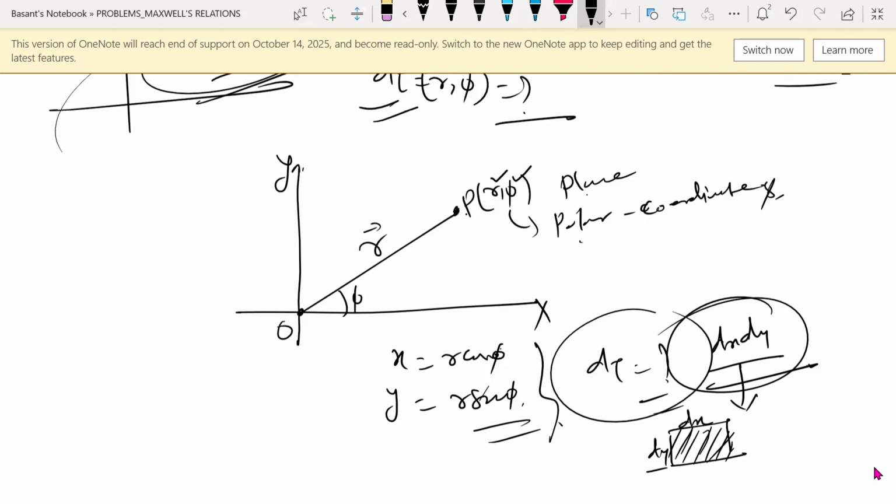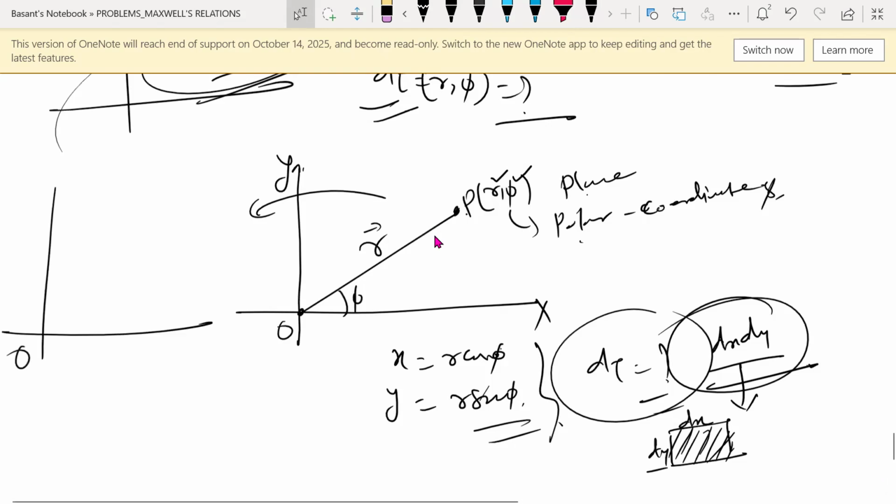So for this, I have taken this picture here, and this is point P. I extended this radius by dr. And now we move this radius through d phi angle.